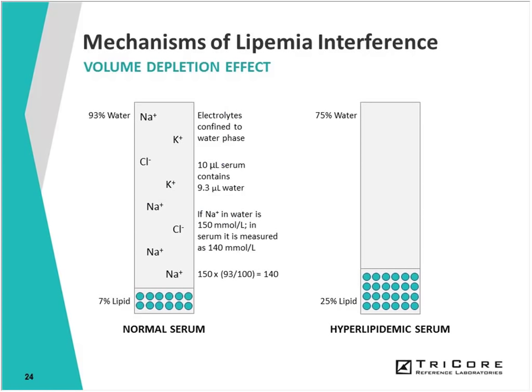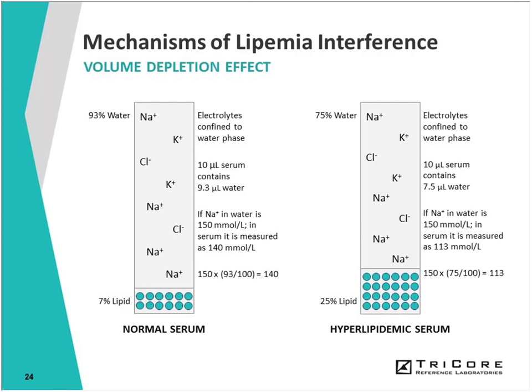So in a hyperlipidemic sample, shown here on the right, I'm showing only 75% of the serum volume is water. So now a 10 microliter aliquot of serum contains 7.5 microliters of water. And so the sodium concentration in the water phase is still 150 millimolar, but it's now measured as 113 millimolar.